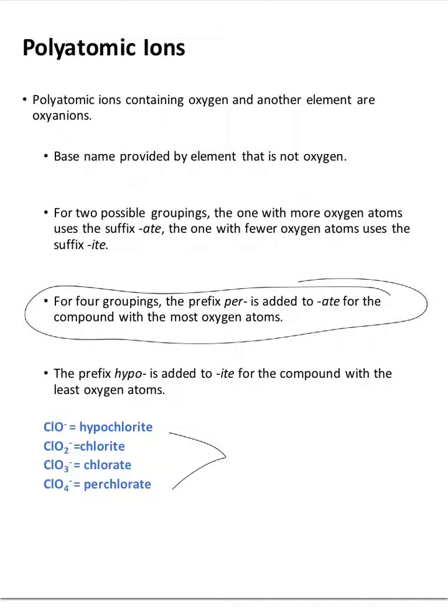I'm just going through this to help you make sense of some of these polyatomic ions that you'll see on the various charts. So the oxyanion that has the most oxygens paired with it gets the prefix per and the suffix ate. Following suit, the one with the least amount of oxygens gets the prefix hypo and the suffix ite, while the 2 here in the center battle it out for ate and ite.